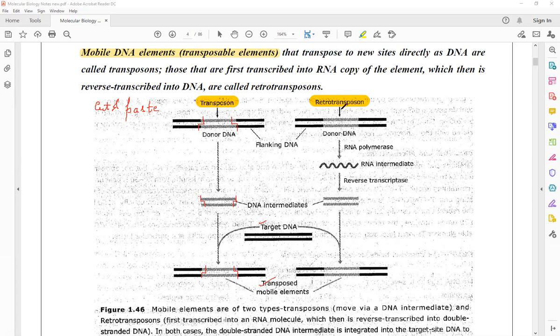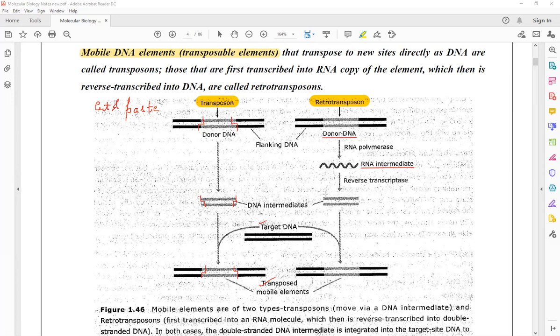In the case of retrotransposons, what is being done? The DNA is taken, and this DNA gets transformed into an RNA intermediate. This RNA intermediate, which is produced, can be reverse transcribed to form a DNA molecule.